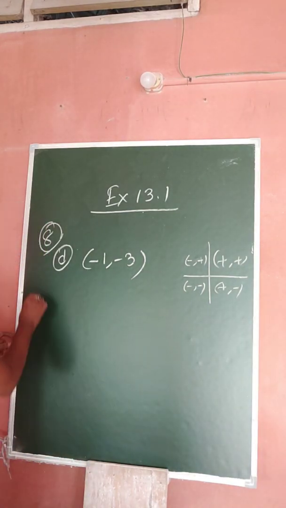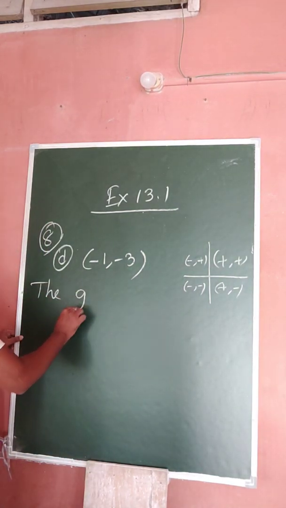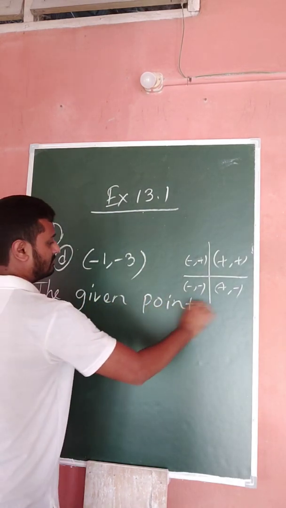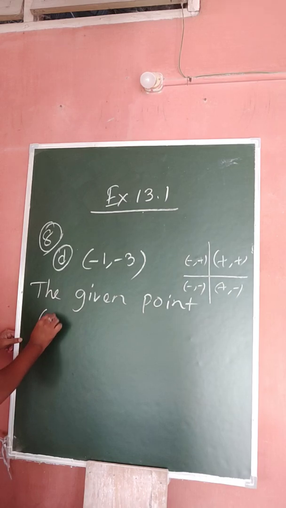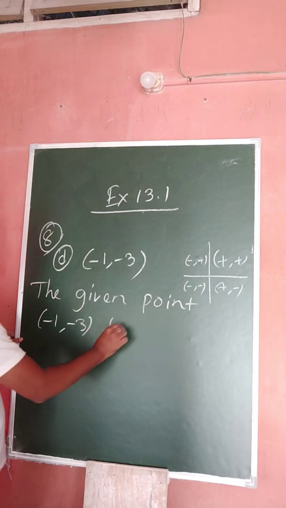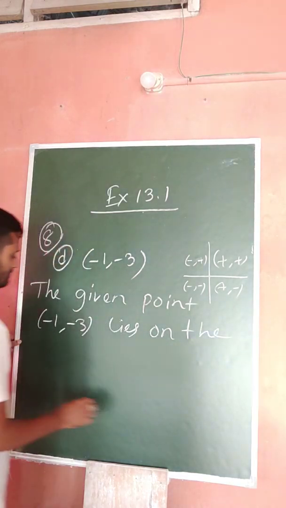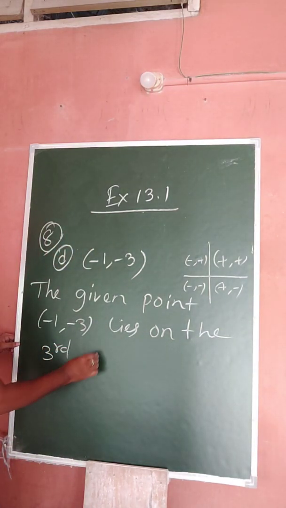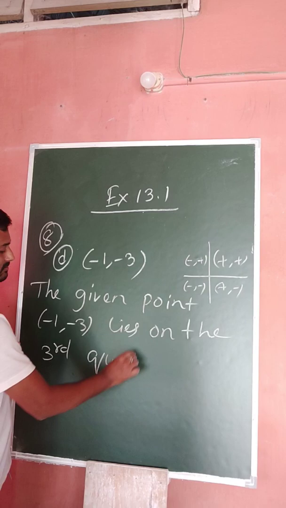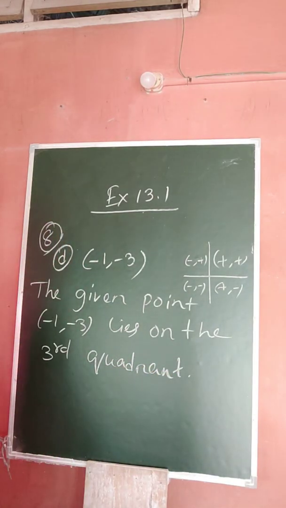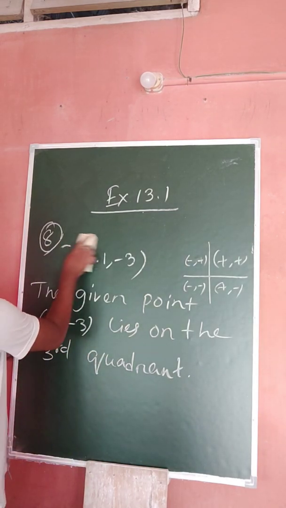So the given point -1, -3 lies on the third quadrant.